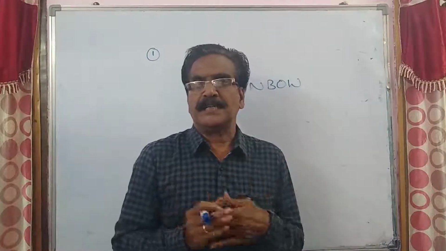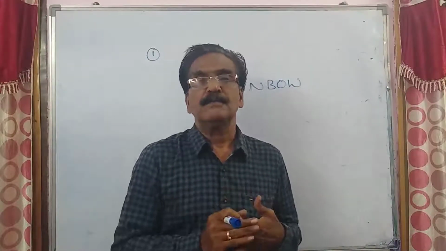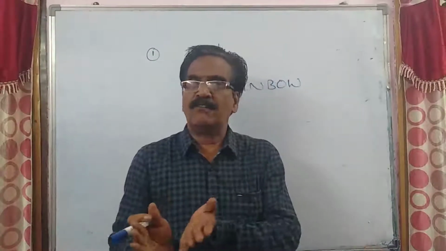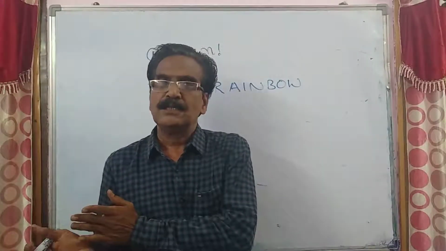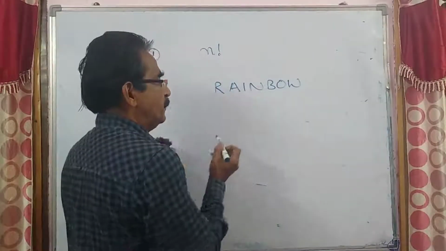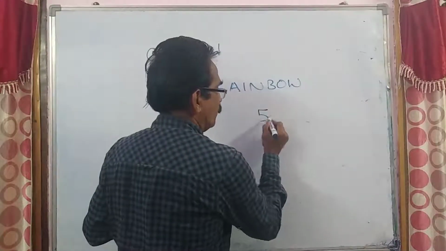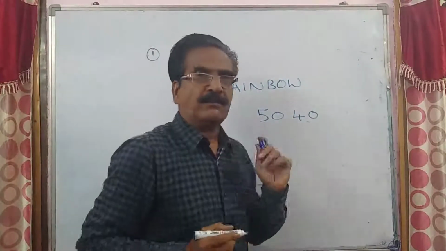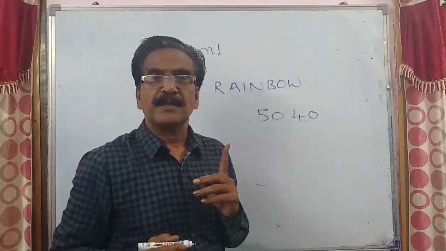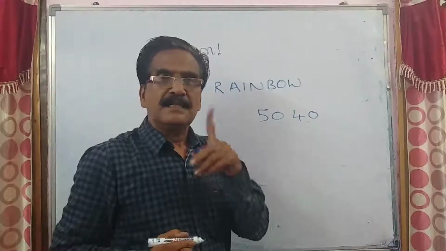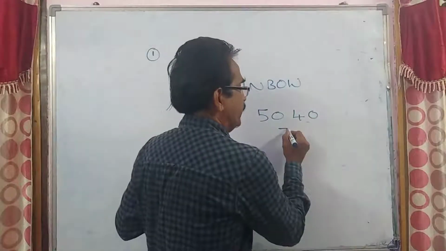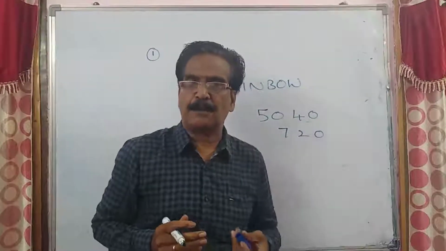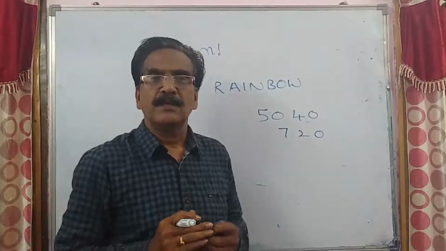These total permutations include vowels come together and vowels never come together. Out of these 5040 arrangements, 720 arrangements are where vowels come together. We have just seen that problem.